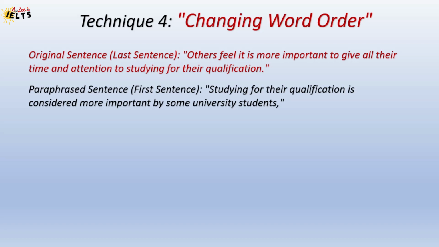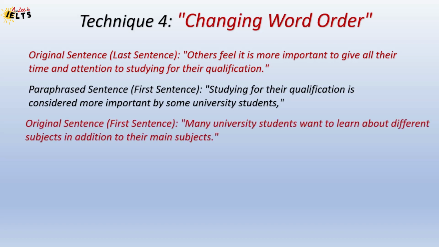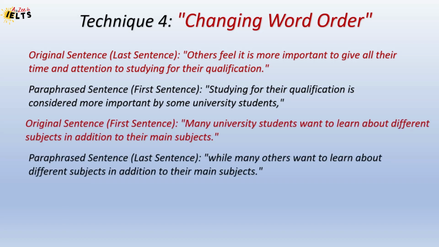And the last sentence of the paraphrased text is, while many others want to learn about different subjects in addition to their main subjects. The original first sentence is now the last sentence in the paraphrased version. This introduces the contrasting group of university students who are interested in exploring different subjects.